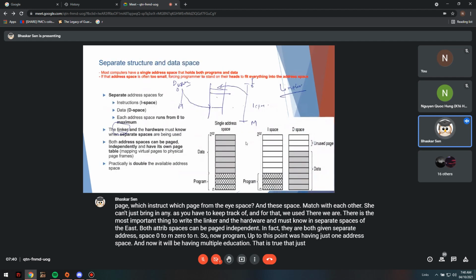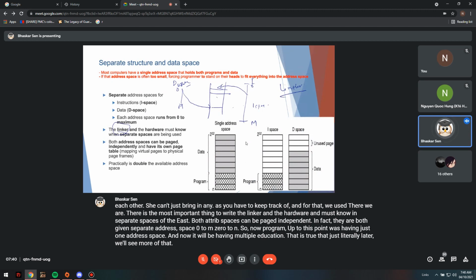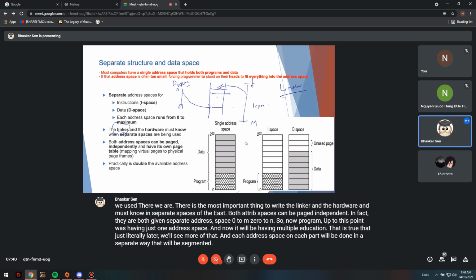Later we will see even more than that. And each address space, or each part, will be done in a separate way, that will be segmented. It will be paged. First segmentation, then the paging.